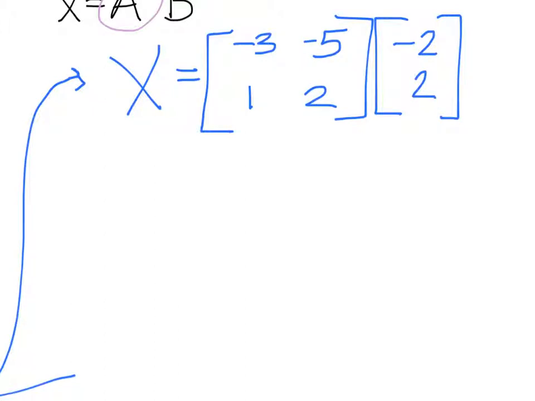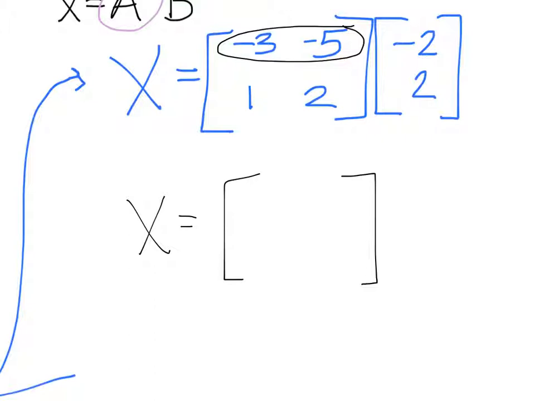Okay, this is a 2 by 2 multiplied by 2 by 1. So what's our resulting matrix going to be? It's going to be a 2 by 1. So take the first row times first column. What 2 numbers do we multiply first?